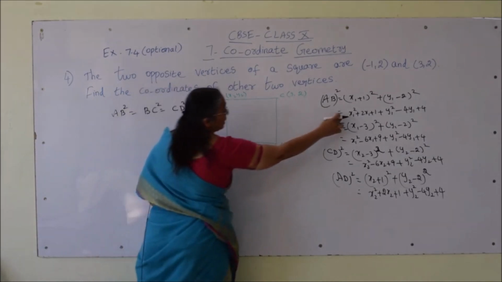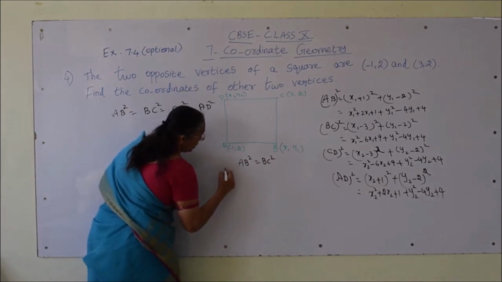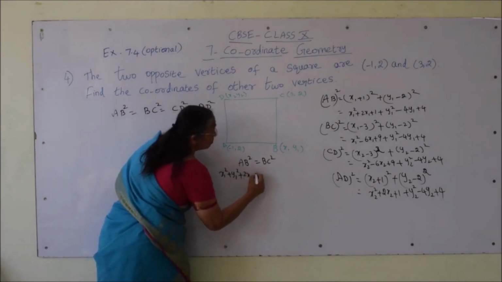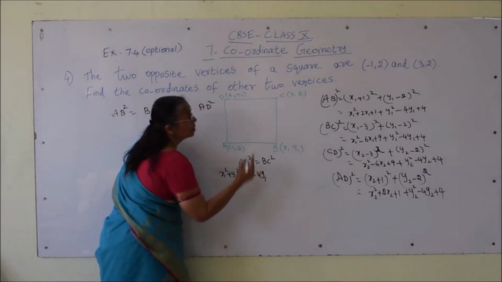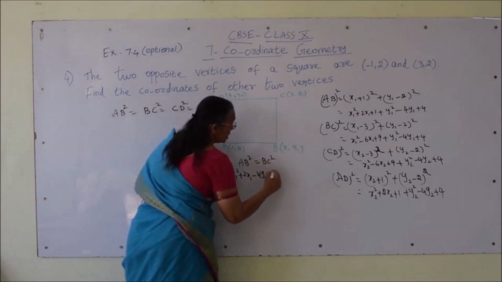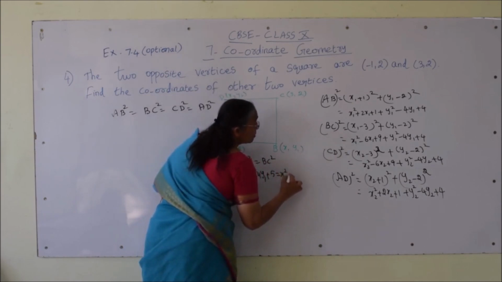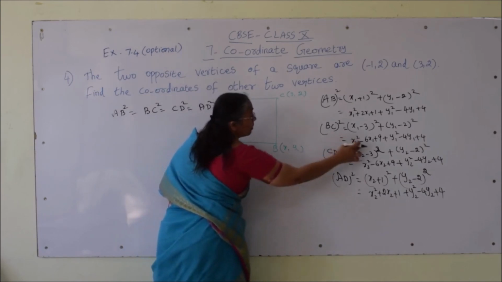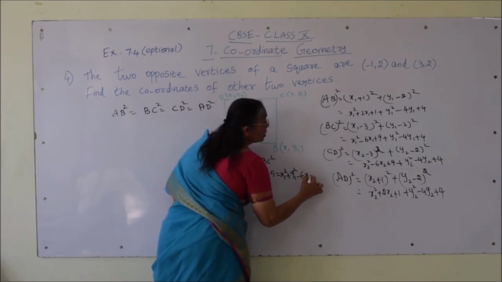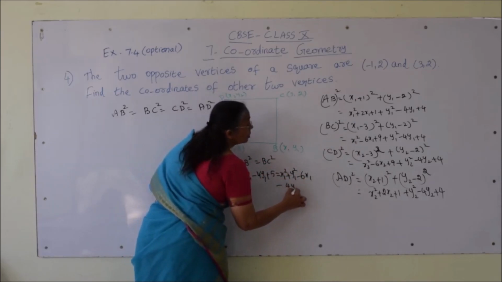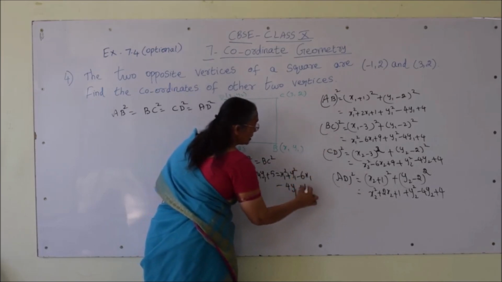AB square value: x1 square plus y1 square plus 2x1 minus 4y1 plus 5 is equal to BC square value: x1 square plus y1 square minus 6x1 minus 4y1 plus 9 plus 4, which is 13.